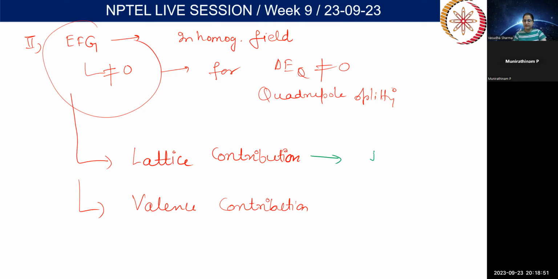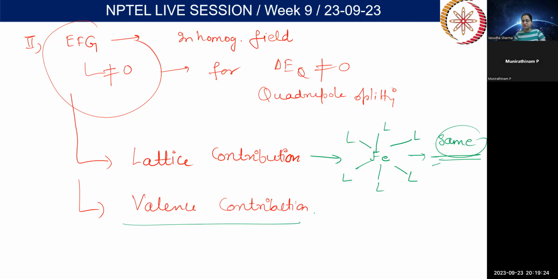For example, if I have iron and all the ligands are the same, that will give you a spherical kind of distribution, the distribution is the same, right? When everything is the same, it is not going to give me any deviation. For an electric field gradient to happen, there should be some inhomogeneity. It should not be the same. There should be some difference. So if it is the same, there won't be any lattice contribution. So this factor is gone.